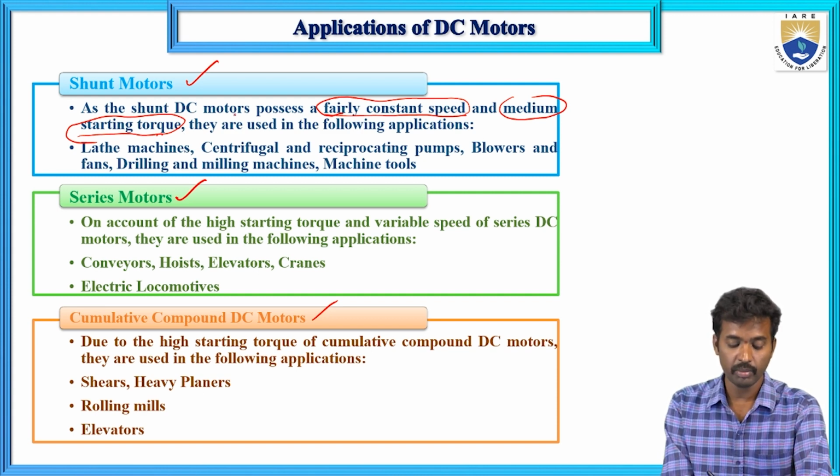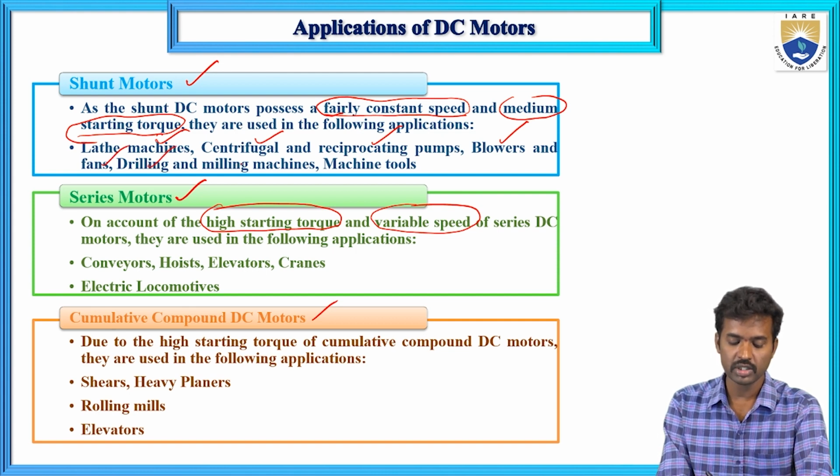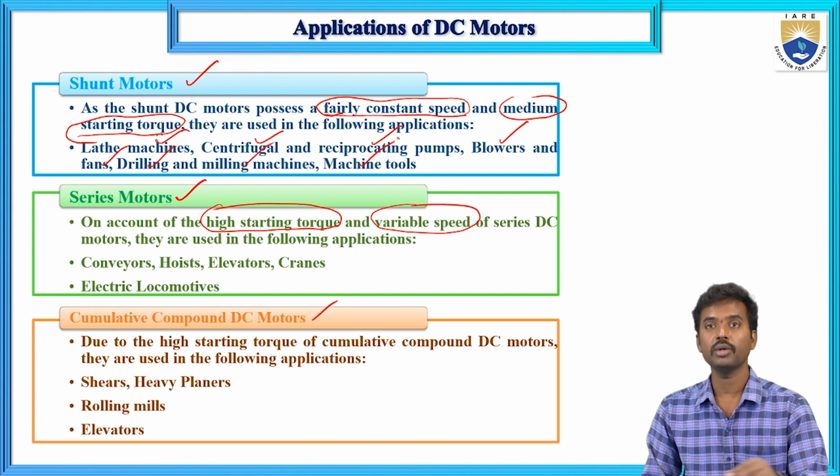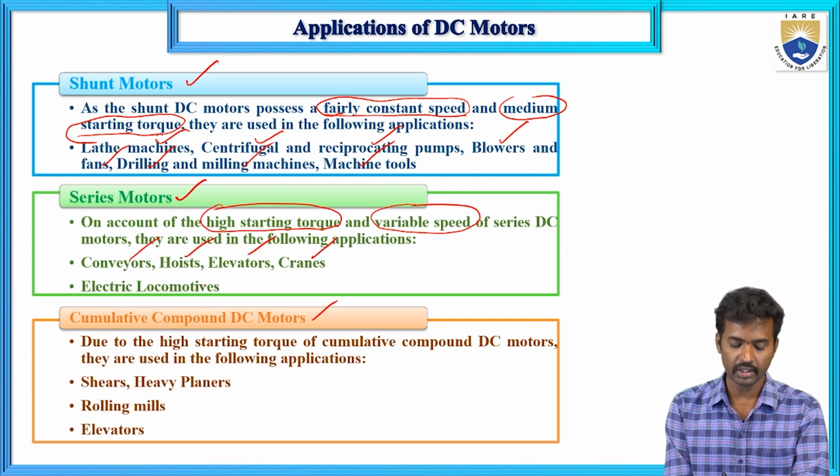But in the case of a series motor, there is high starting torque and variable speed. There is no constant speed. Series motors are used in conveyors, hoists, elevators, cranes, and electric locomotives because of high starting torque.